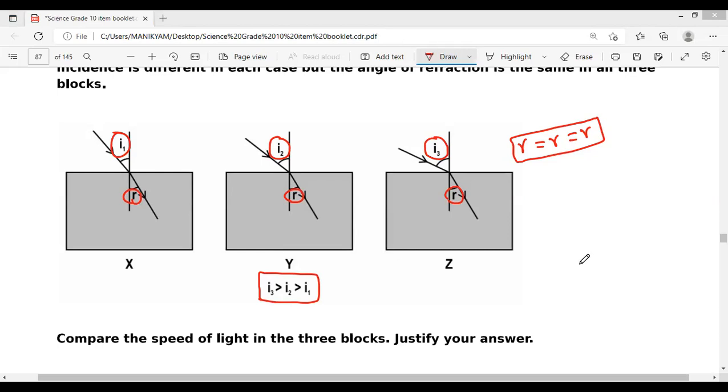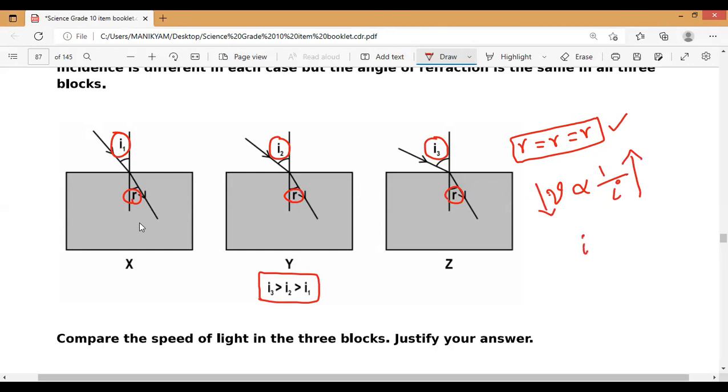Yes, sir. So all of you should remember, if the incident angle is greater, but the same refractive index is showing in all, the angle of refraction remains constant. So in this case, note the statement that even though the mediums are different, in this case alone, speed of light is inversely proportional to the angle of incidence. So if the angle of incidence is greater, speed of light is less.